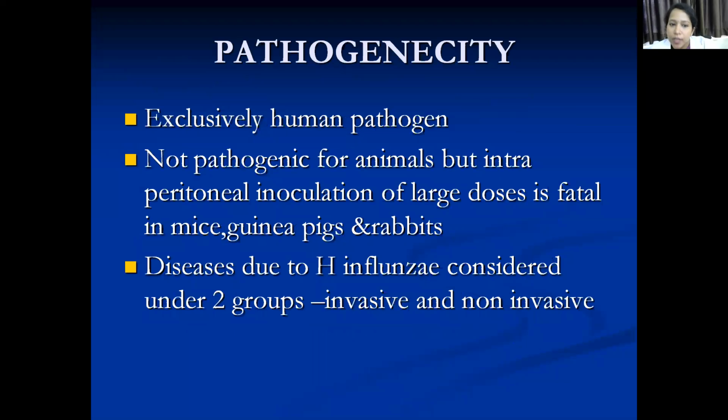Then coming to pathogenicity. What are all the diseases Haemophilus causes? This is mostly a human pathogen. It very rarely causes disease in animals. If in an experiment we inoculate large doses of Haemophilus into mice, guinea pig and rabbit, they may show some activity.